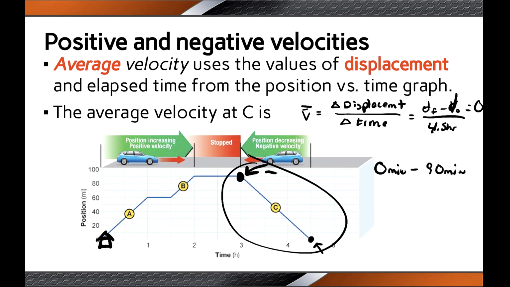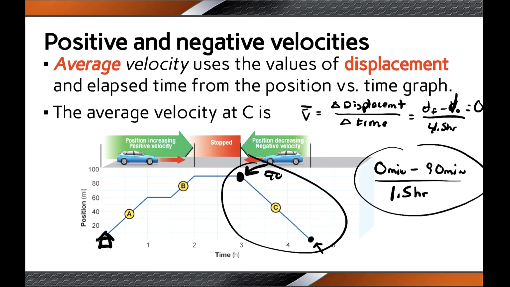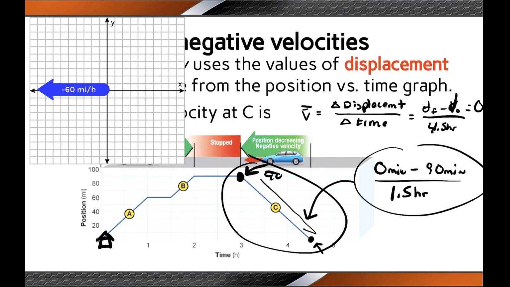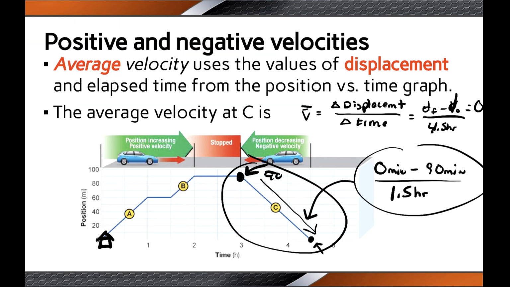That's the number up here, 90. We divide that by your time frame. What was that? 1.5 hours. So what we end up with here is a negative value, don't we? When we work out the math, we end up with a negative value. Is that okay? Sure, because remember, on the coordinate system, if it's going downwards like this, that's going to be a negative value.